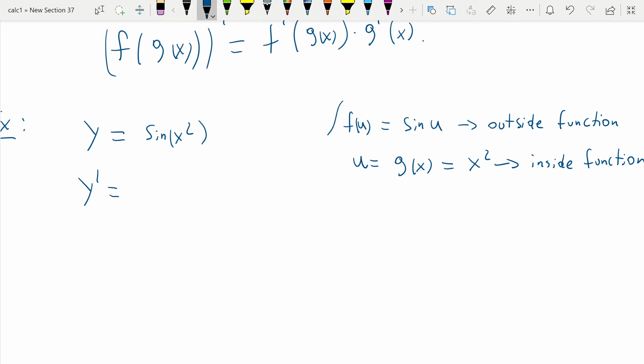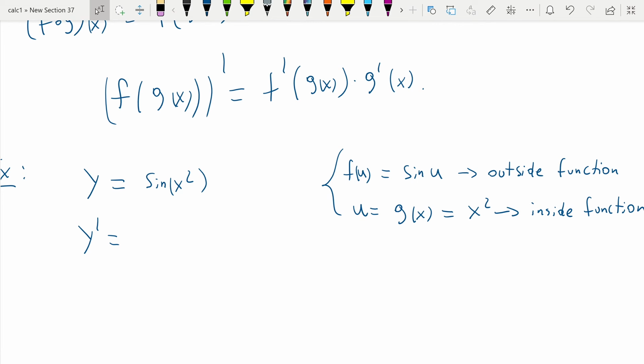According to the chain rule, if we want to differentiate y, we need to compute f prime, evaluate it at g of x, and then multiply by g prime of x. And that will give us the derivative of y.